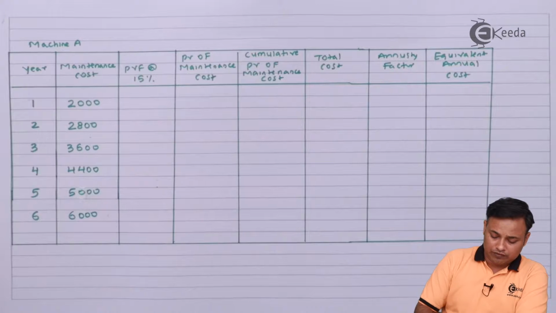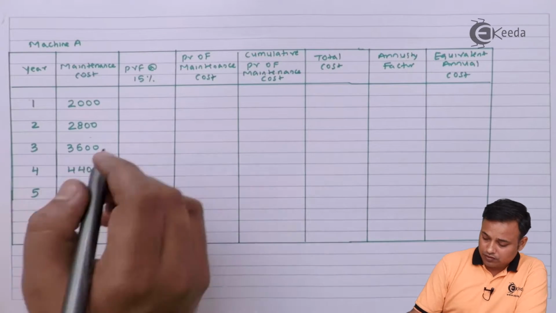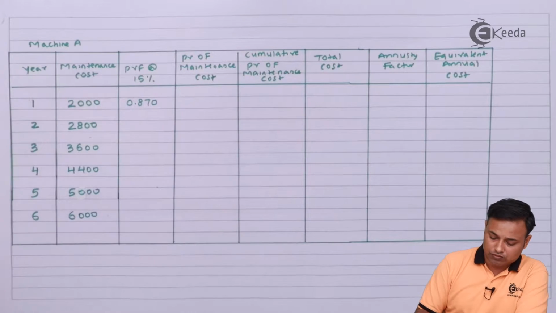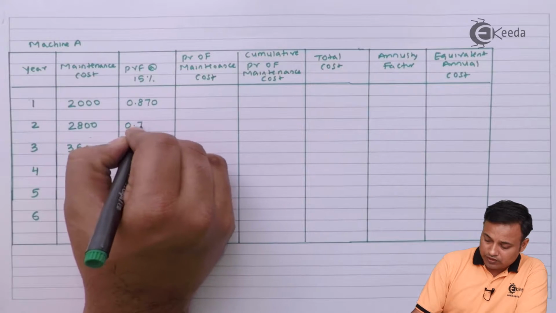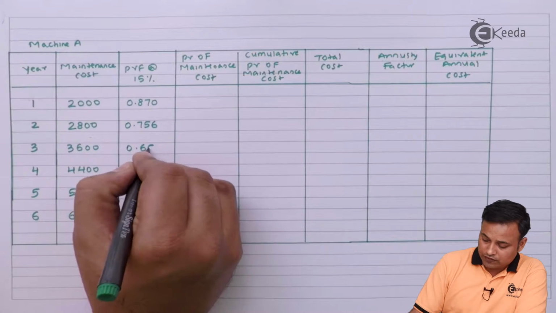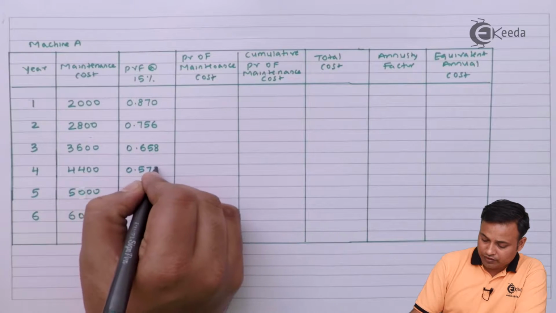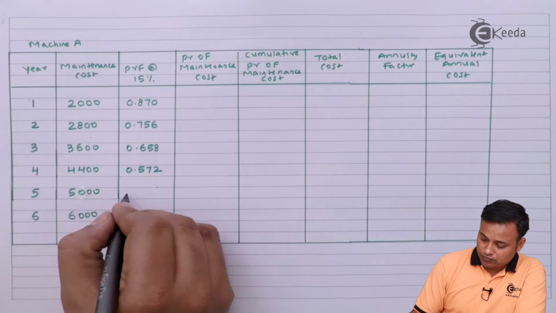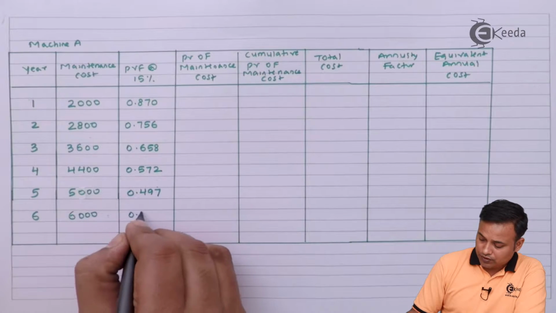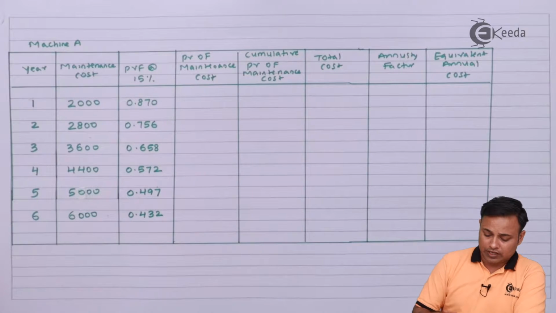Now present value factor will be 15%, that is 1 divided by 1.15, 0.8695, that is 0.870, 0.756, 0.658, 0.572, 0.497, 0.432. हम इसको मल्टीप्लाई करेंगे.